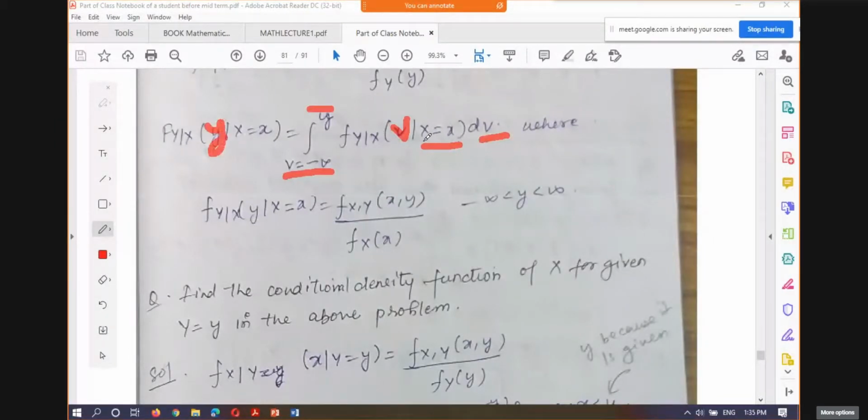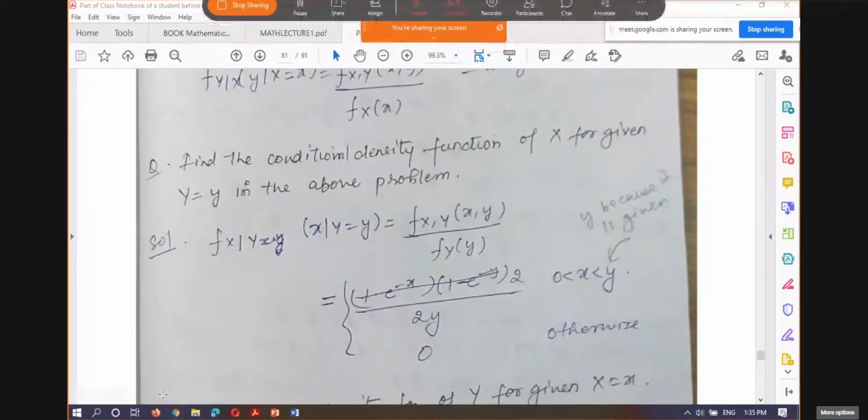The definition is the conditional density function of y given capital X equal to small x is given by this one. So we substitute this value here and then integrate from minus infinity to y, and then we will get our conditional distribution function. Okay.